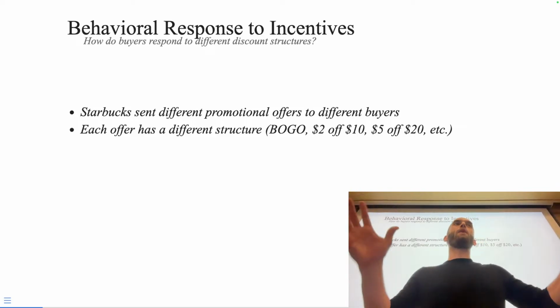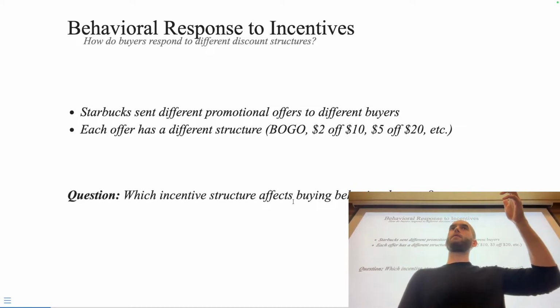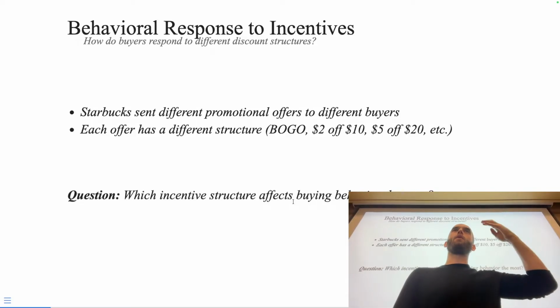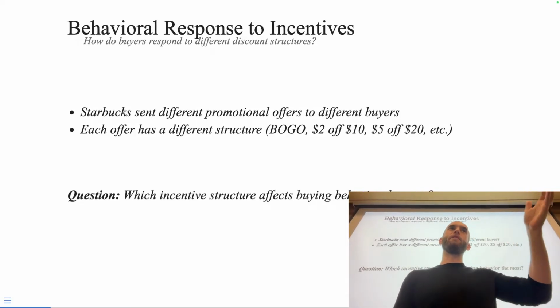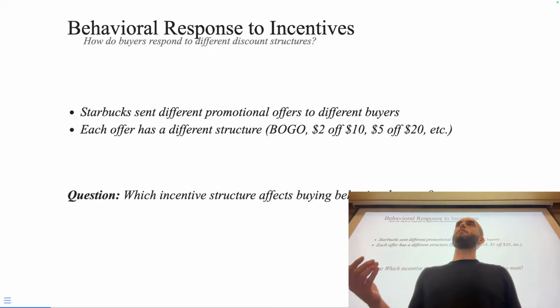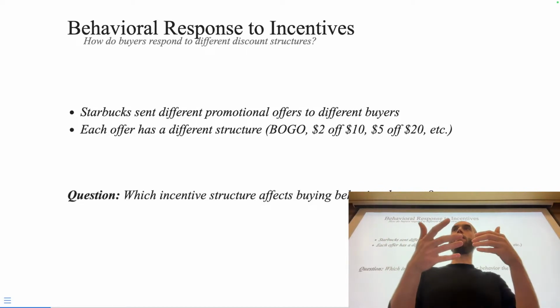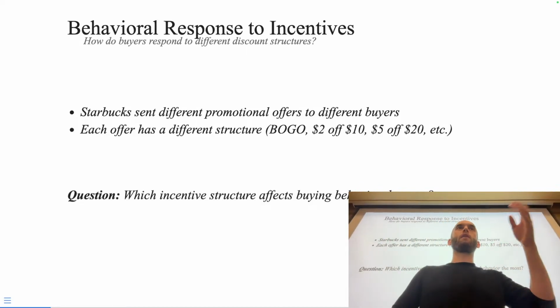Okay, so my main question is something like this: which one of these moves behavior the most? And you can think of, if you're receiving one of these pings on your phone, which one is going to be the most compelling? Are you going to want to buy 2 things instead of 1 if you get a BOGO?